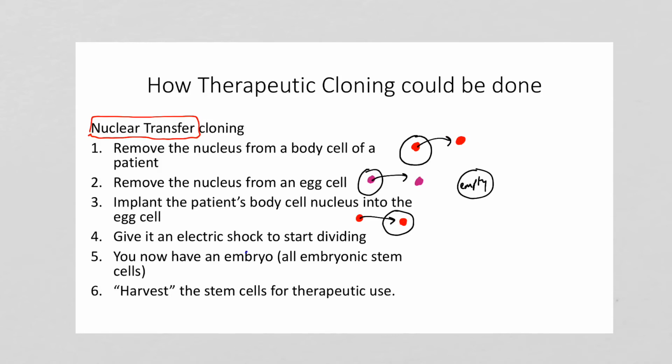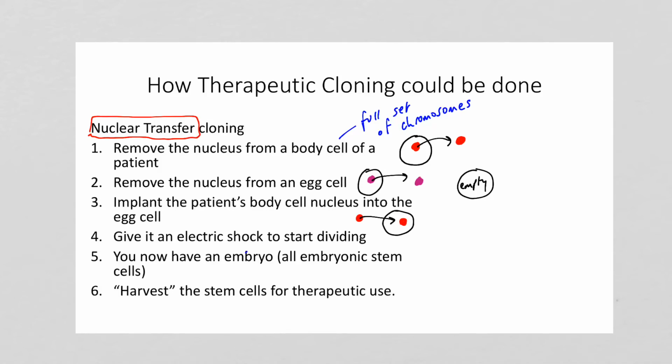And a body cell has the full set of chromosomes. So in a typical human being, that's 46 chromosomes or 23 pairs. You get 23 from dad through the sperm, 23 from mom through the egg. When you have a full set of chromosomes in an egg, that's essentially a fertilized egg. So I've created a fertilized egg that is genetically identical to the original patient.